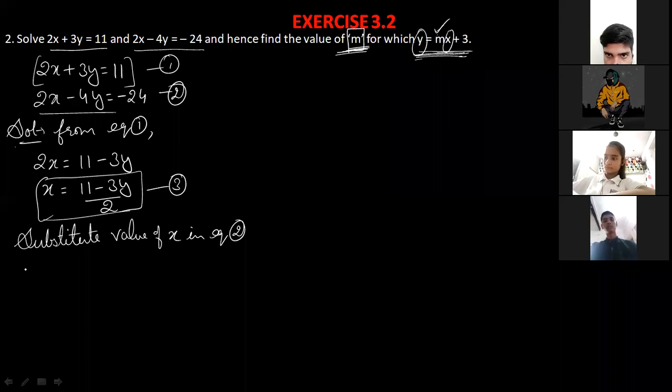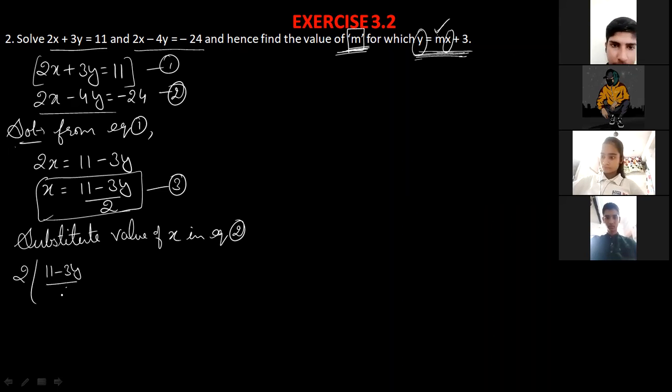Substitute it in the second equation. You get 2 multiplied by (11 minus 3y) upon 2 and minus 4y equals minus 24.